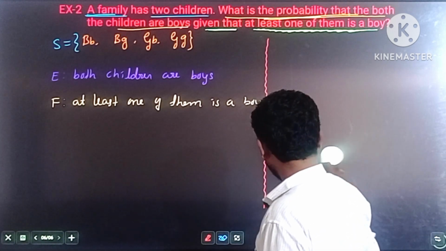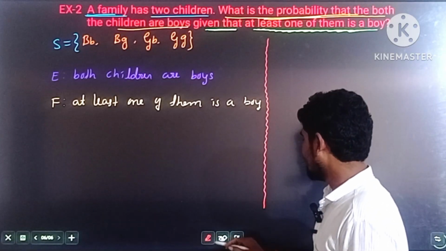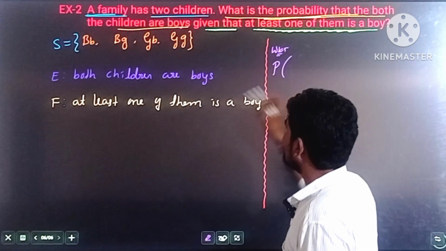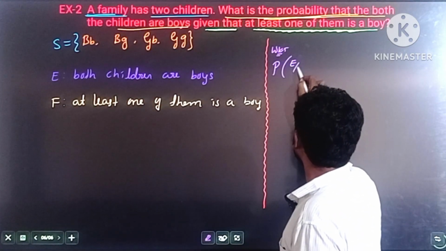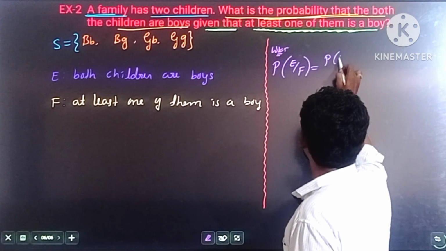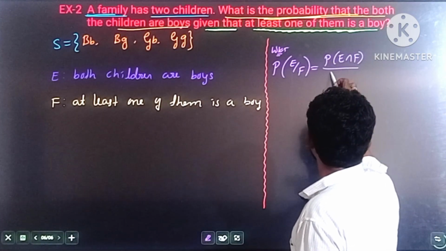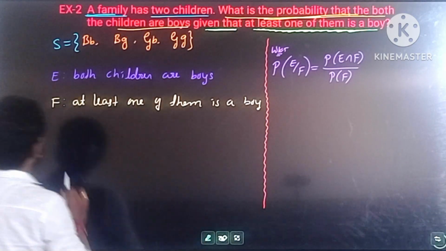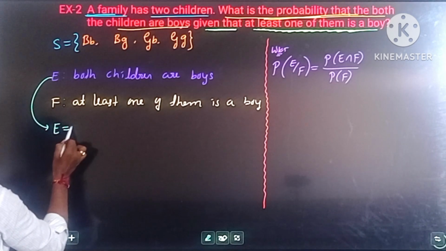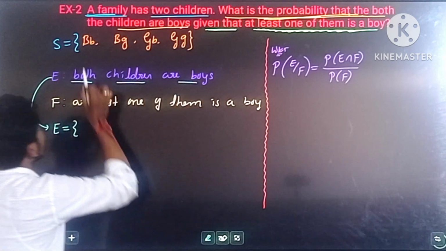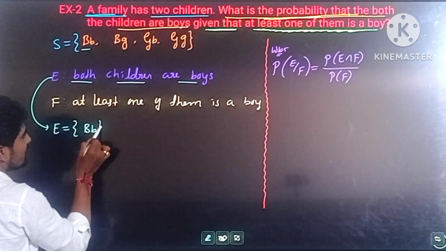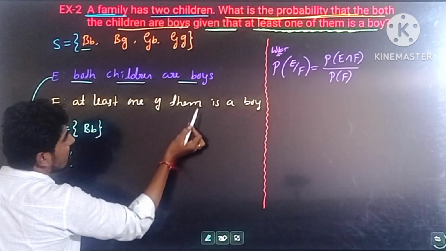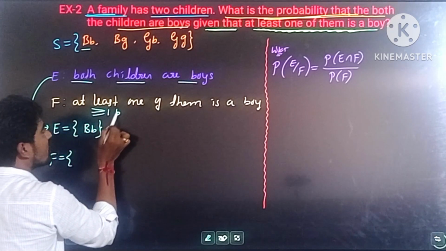So it means probability of the calculating event E divided by probability of the given event F. We know that probability of E by F has the formula probability of E intersection F divided by probability of F. So we need probability of E intersection F and probability of F. Event E is both the children are boys, meaning B and B. This is the only possibility in event E. And event F, at least one of them is a boy, means greater than or equal to one boy.